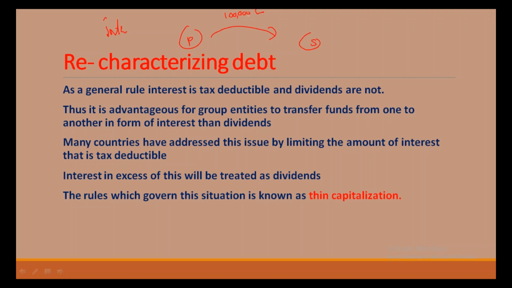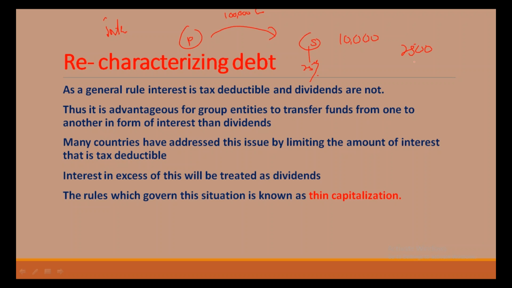They will have to pay 10,000 interest, and if the subsidiary tax rate is say 25%, they can claim 25% of 10,000 as an expenditure, because that's an allowable expenditure. Whatever interest you pay, you can claim it as an expenditure and it is allowed 25%.